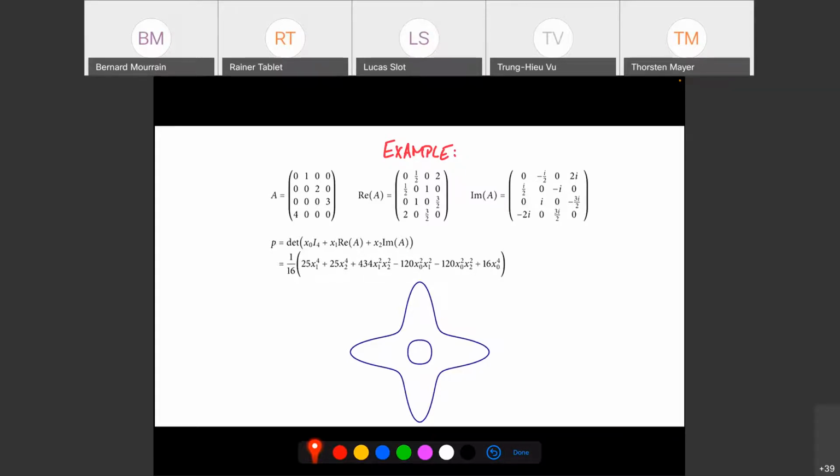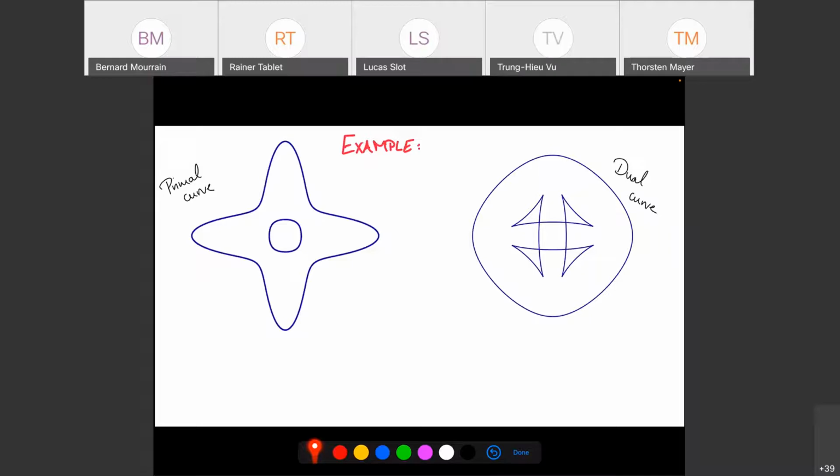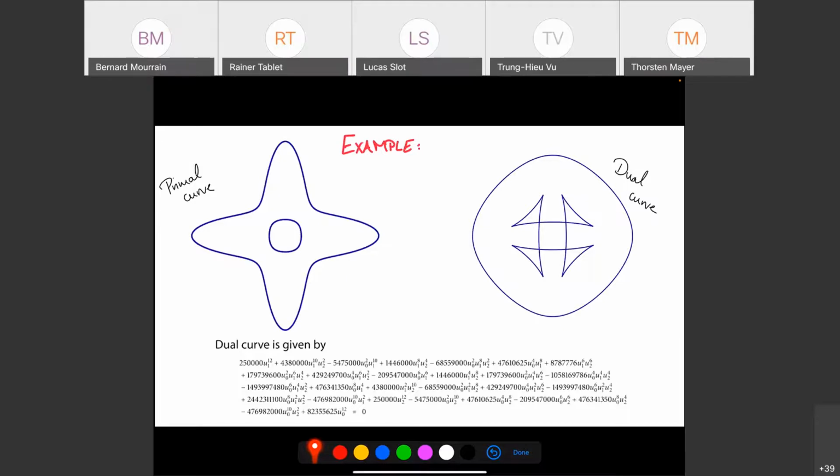So what is the dual curve in this example? Here's a picture of the dual curve. I've computed this with a computer algebra system. Its equation is already fairly not so nice. It's a fairly big equation. It's a curve of degree 12. It has genus 3 if you care about such things.